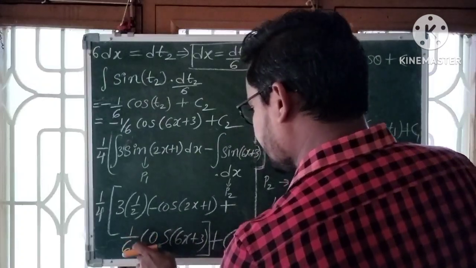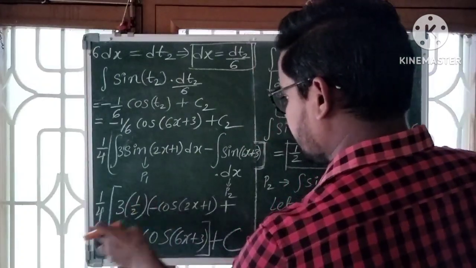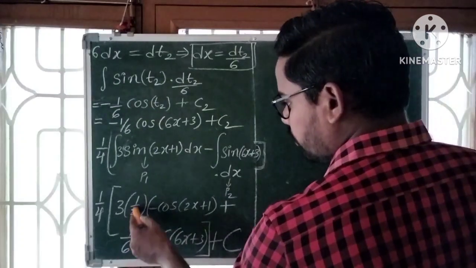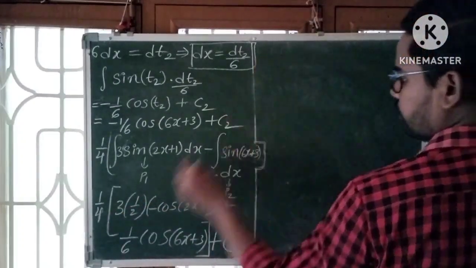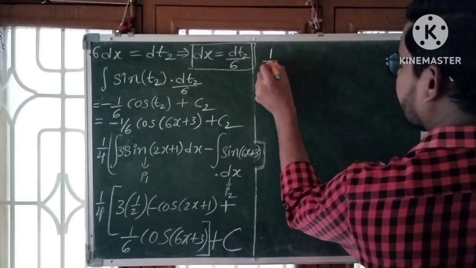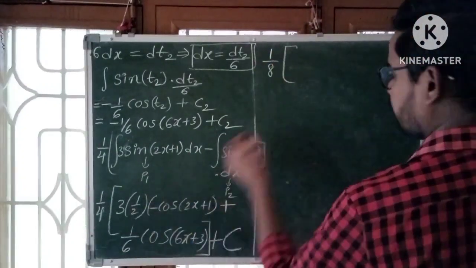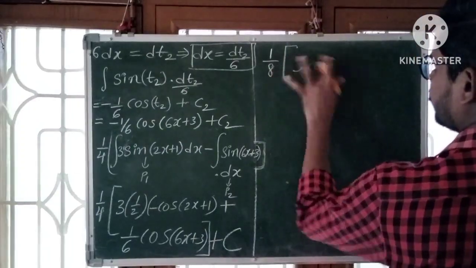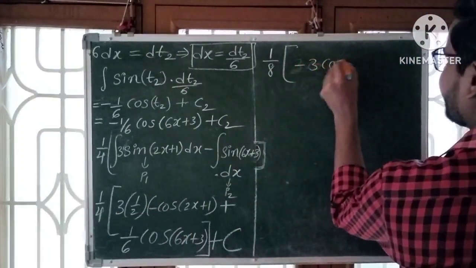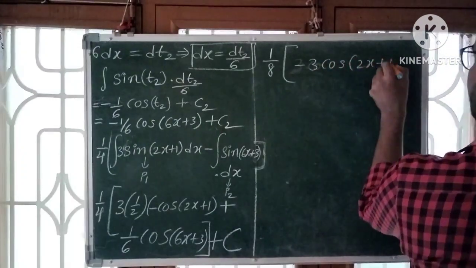Here 1/6 can be written as 1/2 into 1/3. Take out 1/2 common, so 1/4 into 1/2 is 1/8, into 3 minus 3 cos of 2x plus 1.